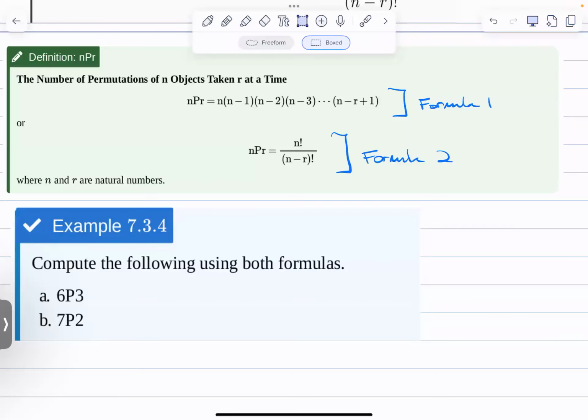Compute the following using both formulas. Can I just put it into my calculator? And then I just think about the formulas. This is just an exercise. I do want you to be able to simplify something like this without your calculator. I'll show you what I mean.